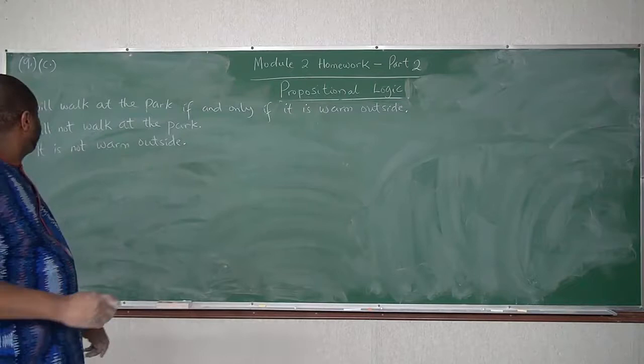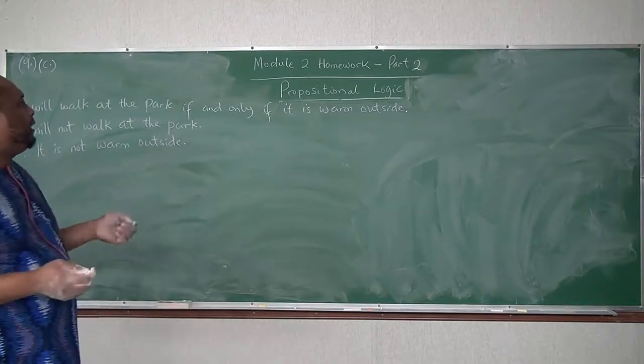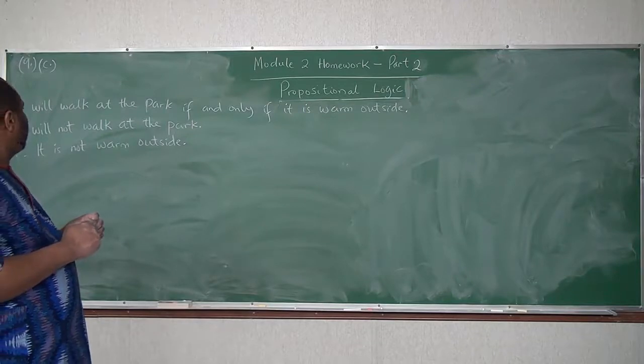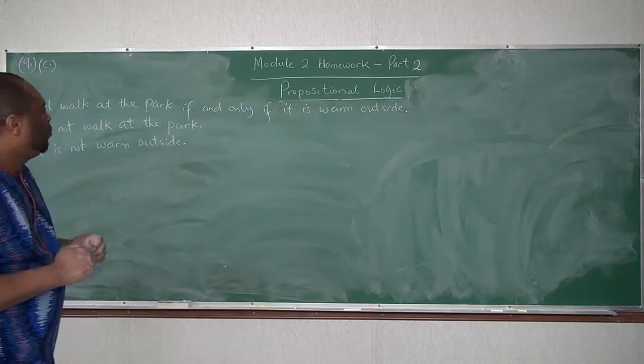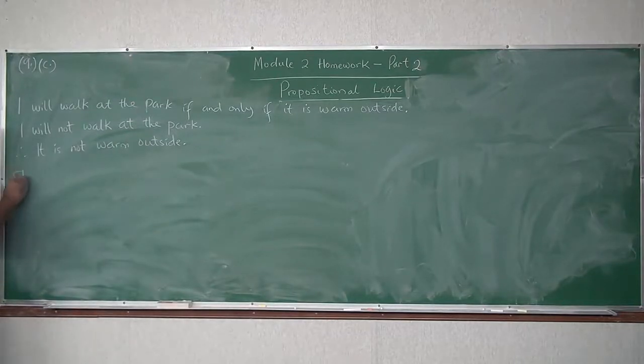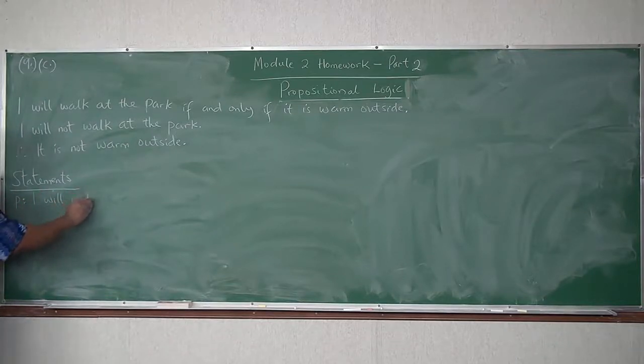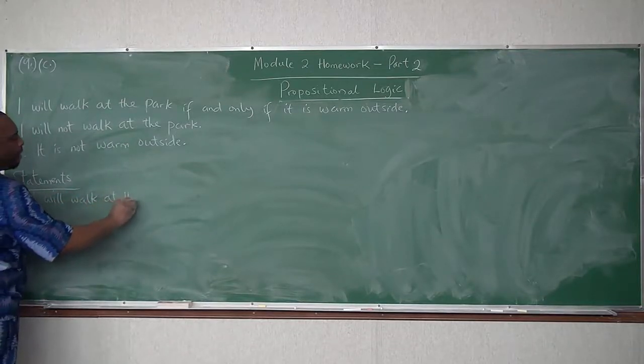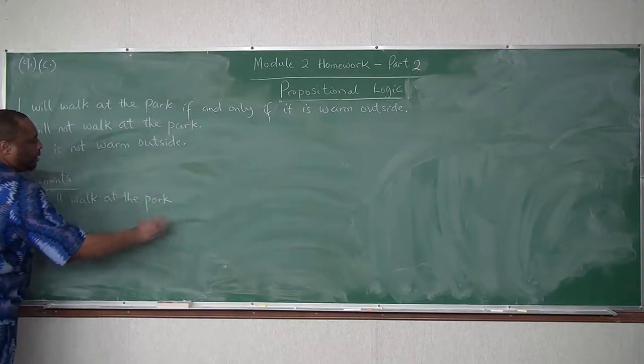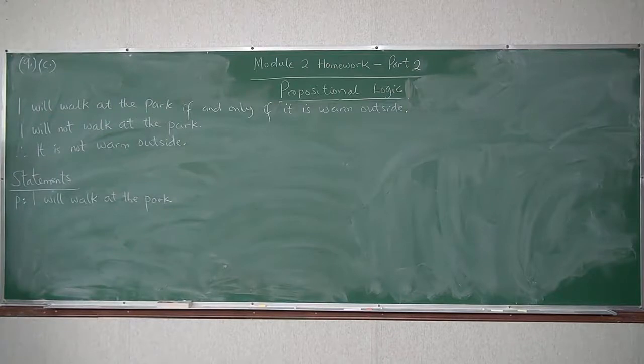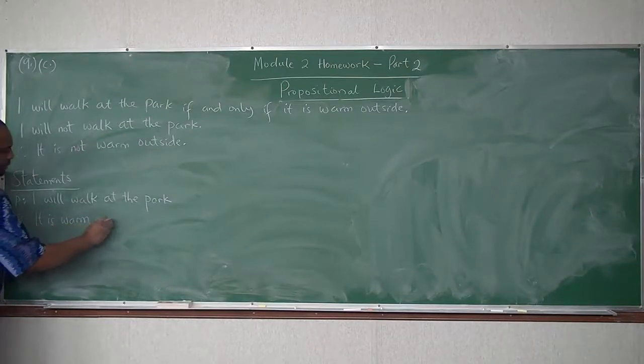Alright, so first of all, let's write the statements. I think we have only 2 statements here, so we should be fine. So let's write our statements. In this case, our statements: P will be, I will walk at the park. Q, it is warm outside.